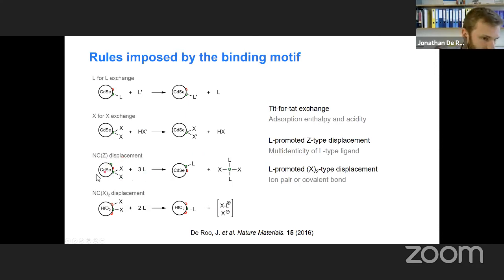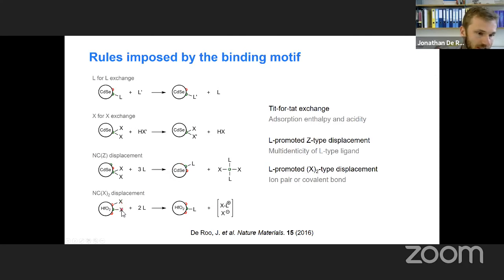For example, again, you can look at this cadmium selenide as stoichiometric with cadmium carboxylate on the surface. Now you can remove that whole cadmium carboxylate unit with L-type ligands, which are Lewis bases. And so then you form this metal complex in solution and you have stripped the surface of its ligands and now other L-type ligands can bind.